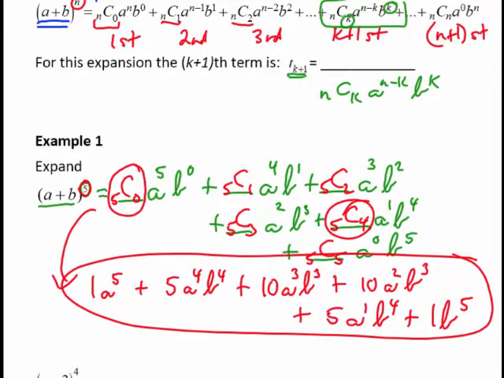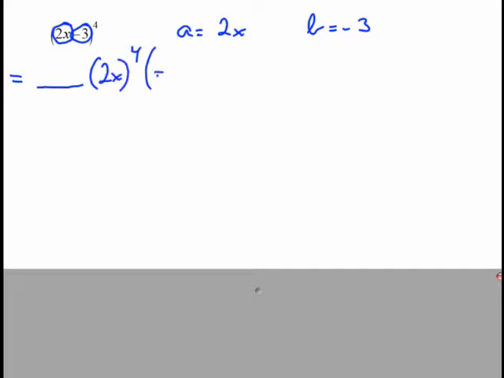Here's a situation that's a little more complex. My a value is 2x and my b value is negative 3. And so my expansion is going to be something like 2x to the 4th, b to the 0.